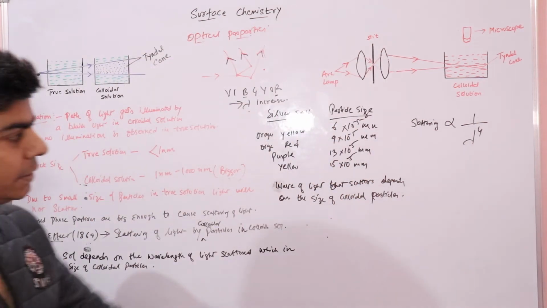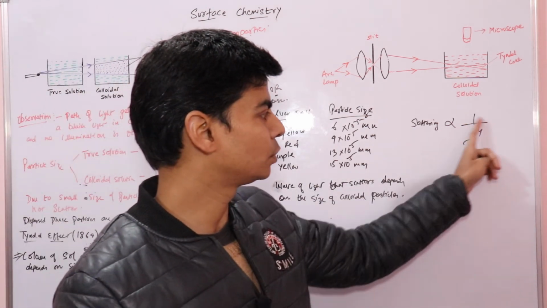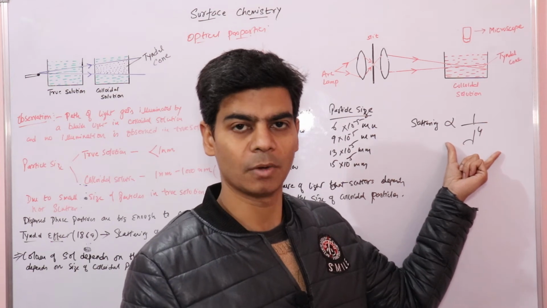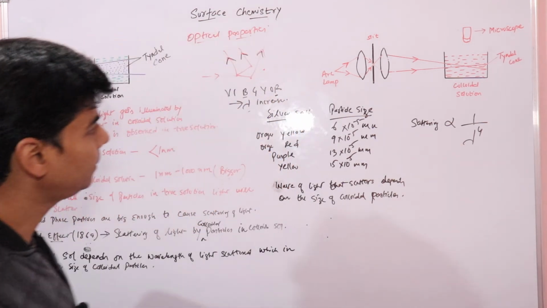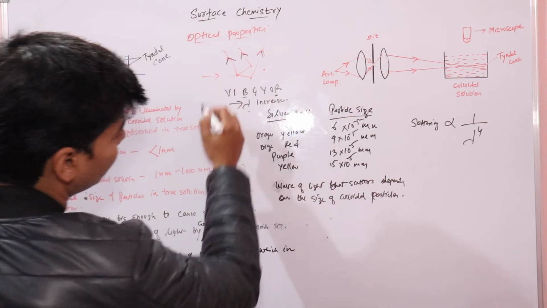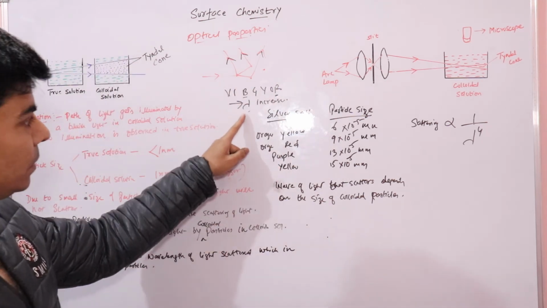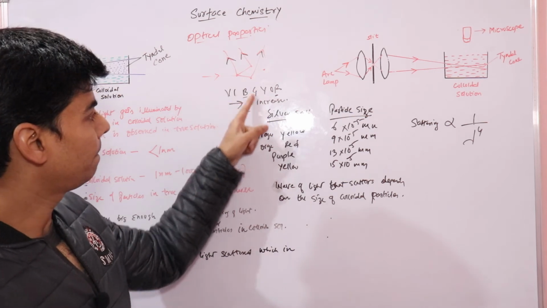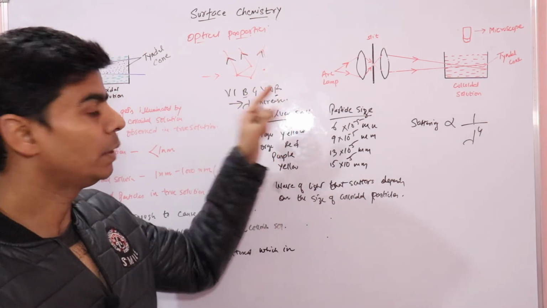So if you look at this, blue color has less wavelength compared to red color.